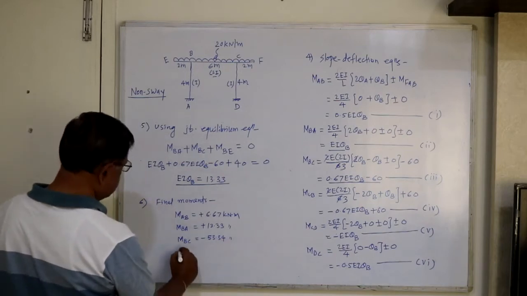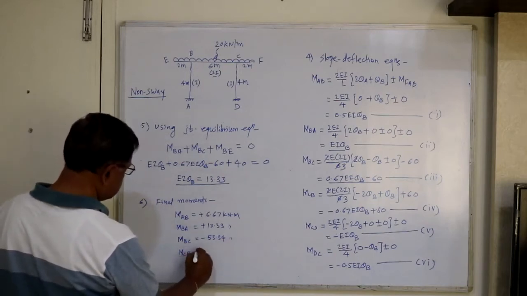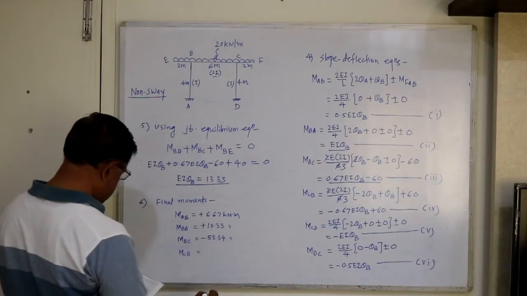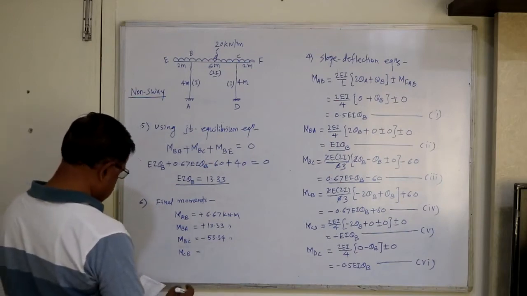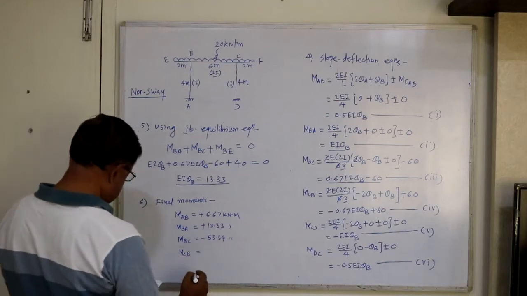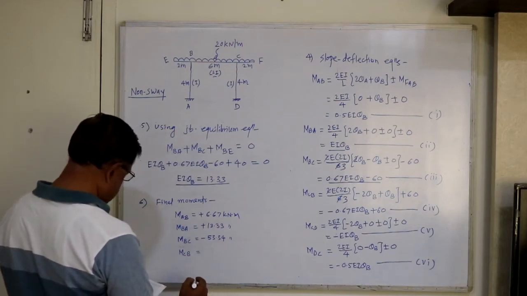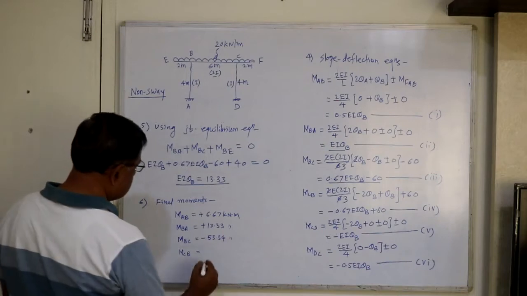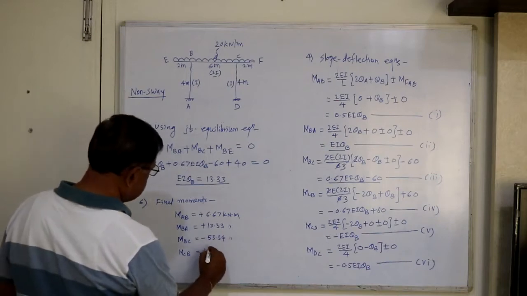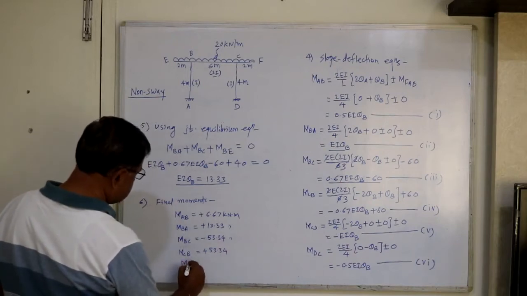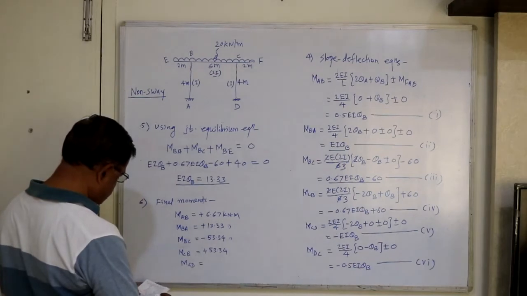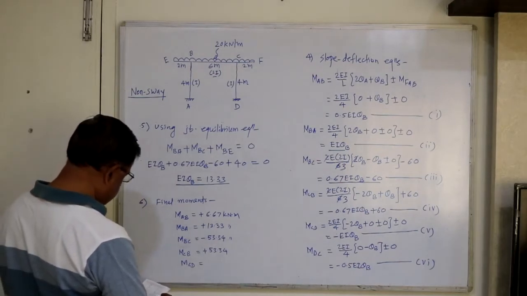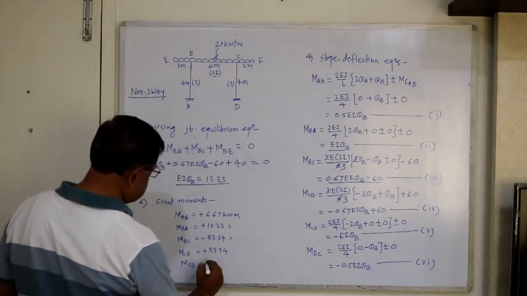Then MCB, again you will get 53.34. Then MCD equal to 13.33 but anti-clockwise.